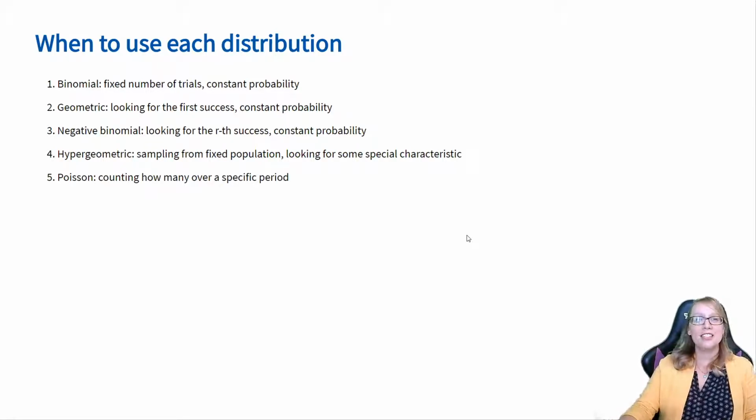Now the last discrete distribution, the Poisson distribution, is a bit easier to tell apart from the others because it's a count variable. So we're looking at how often a specific event occurs. Those are the 5 discrete distributions that we have covered so far.